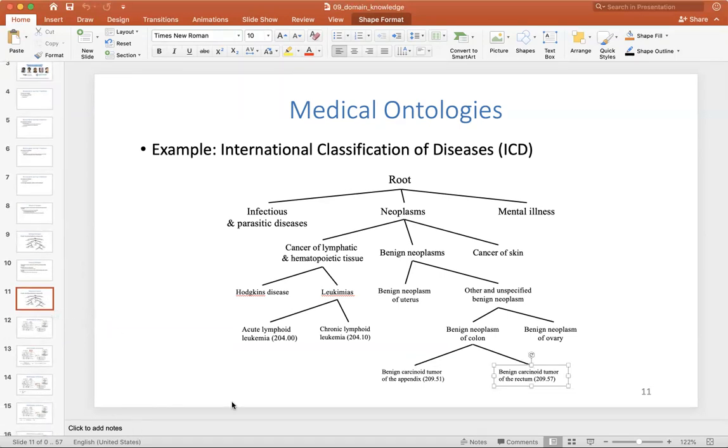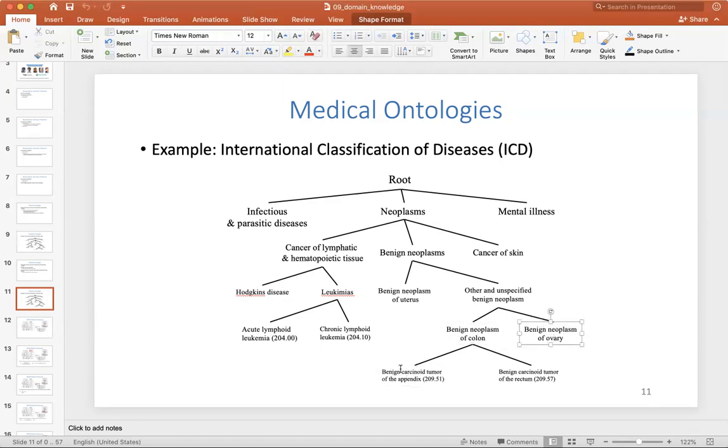And maybe if this parent is super rare, but this one is not, then this node can borrow knowledge from here, or maybe this can also borrow knowledge from here.